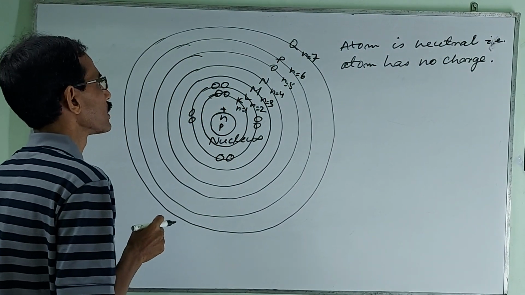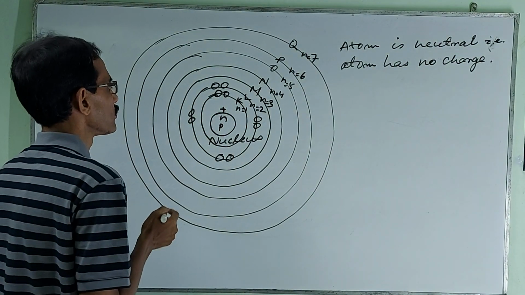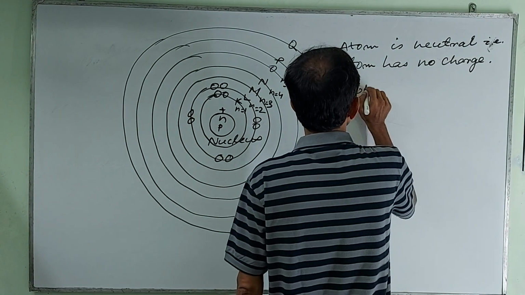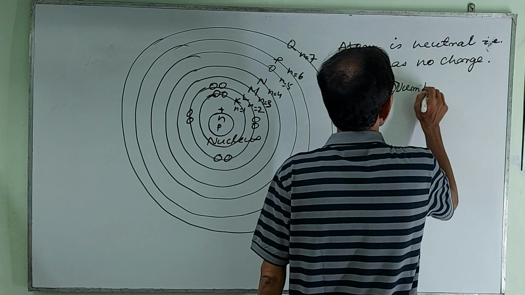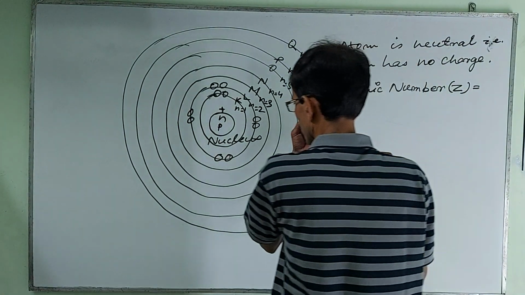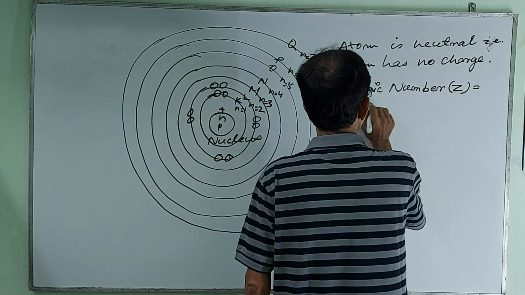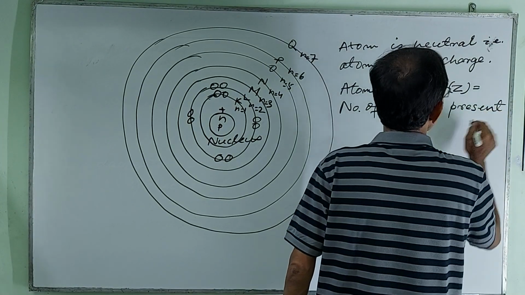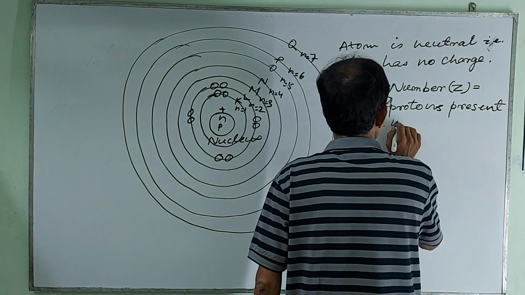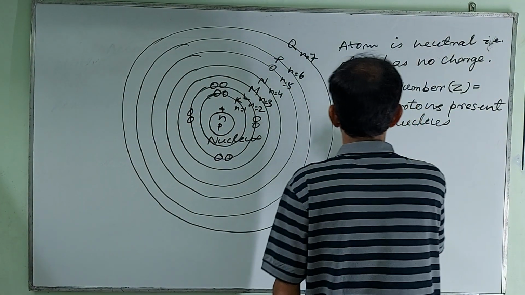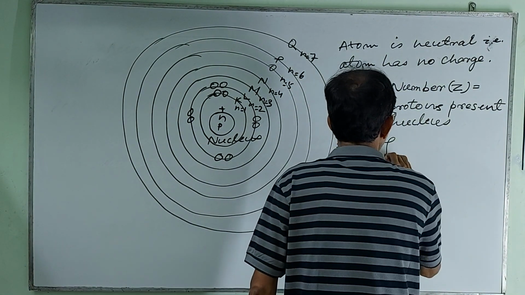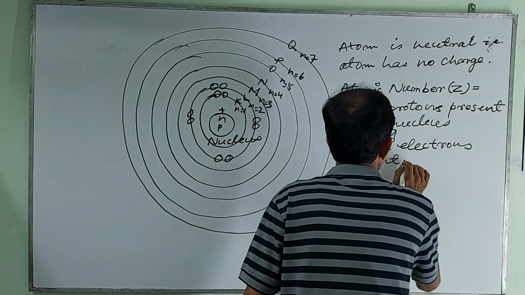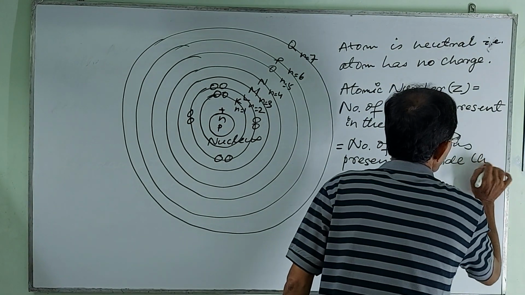So, in an atom, what is atomic number? Atomic number Z is equal to the number of protons present in the nucleus, which is equal to the number of electrons present outside the nucleus.